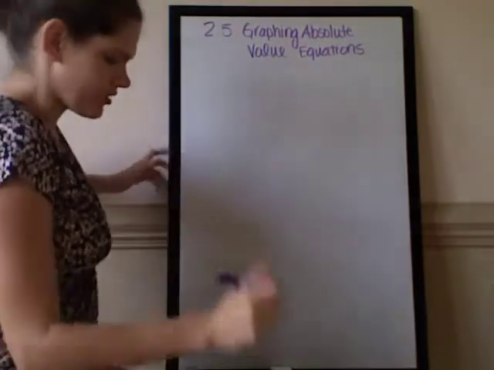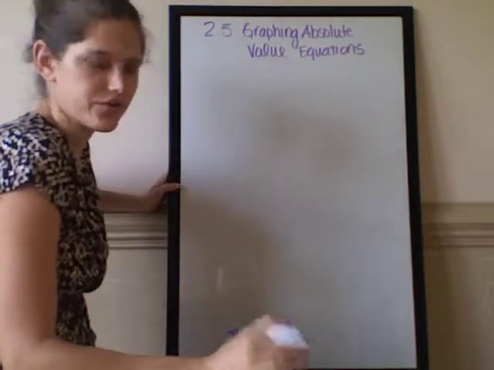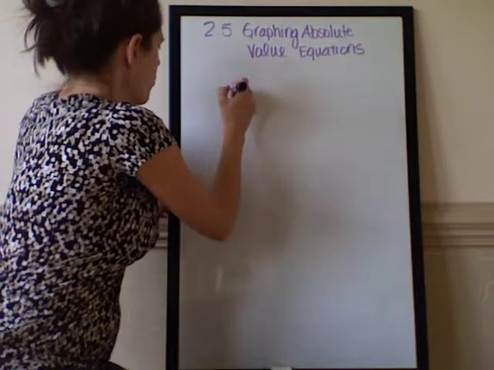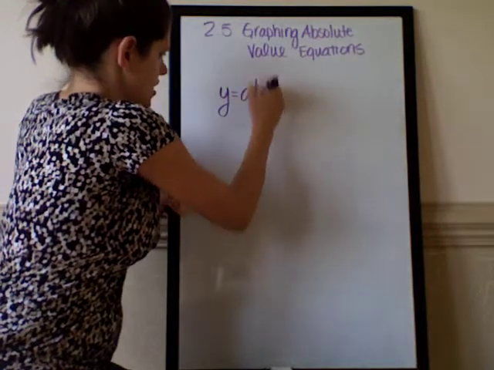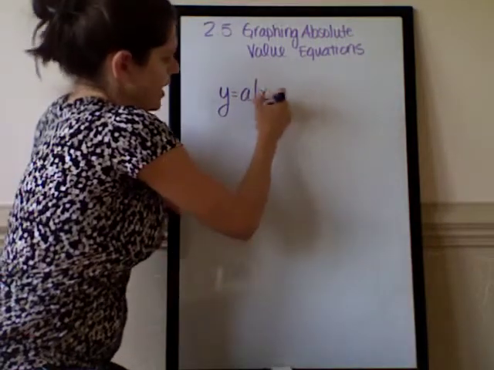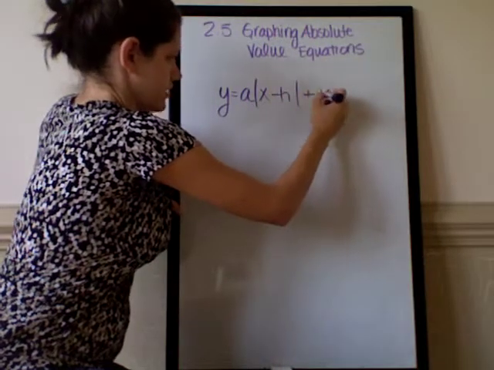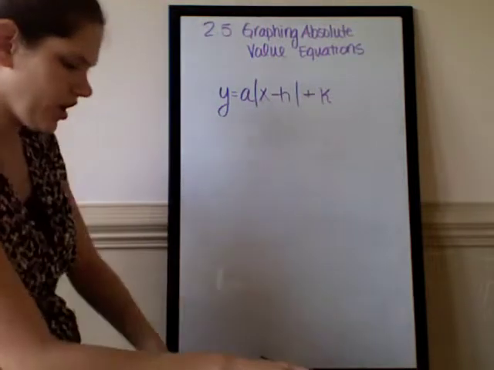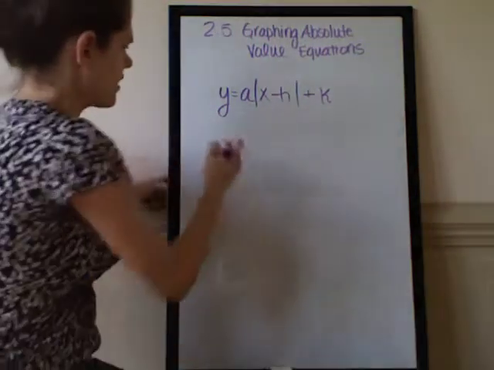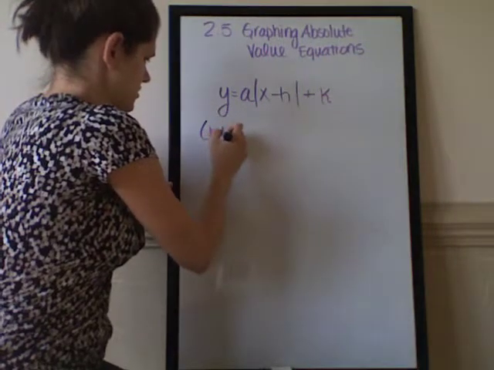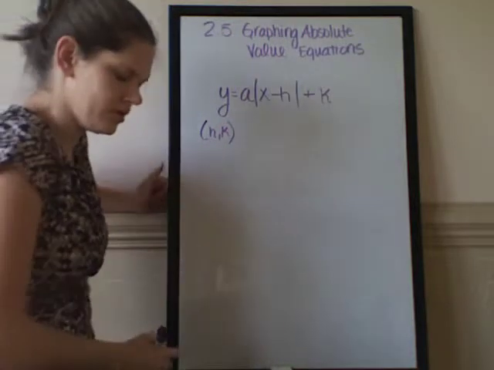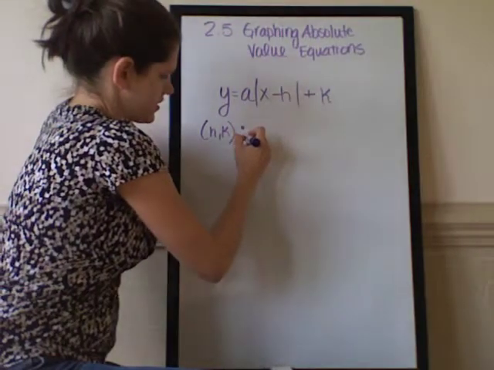Alright, so the equation for the absolute value graph will look like y equals a times the absolute value of x minus h, plus k. And I'll tell you what each of these stands for. The h and the k is your vertex.